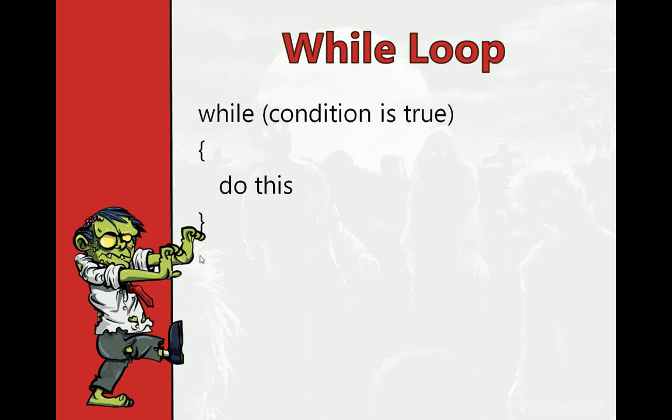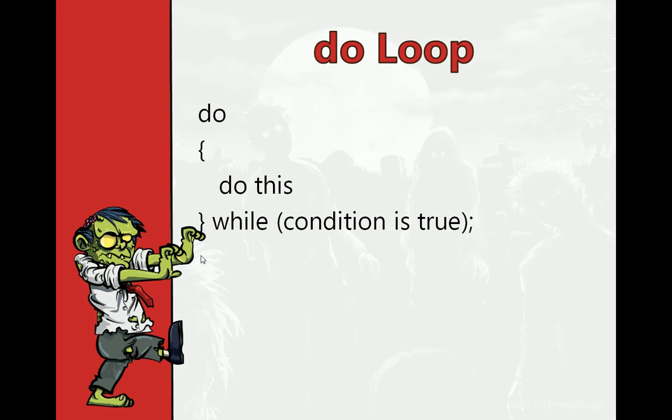The next type of loop that we're going to talk about is the do loop. Do, open curly bracket, do this. Again, it could be one line, it could be 100 lines, it could be 200 lines. We have our close curly brace.